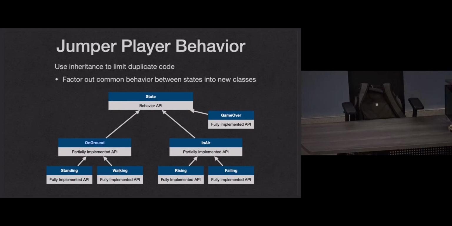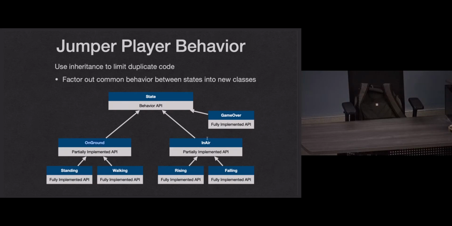And then when I do have a running state, I want to have like a speed run state when I'm walking for a while and then I start running, or I'm holding a run button maybe, I'm just going to extend on ground and just change what the x velocity is, and maybe the jump height will be even higher when I'm running as opposed to walking. Those are the only 2 things that change. Those are the only 2 things that I want in that class. Everything else will be in the common on-ground class.